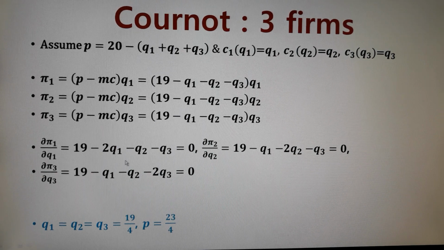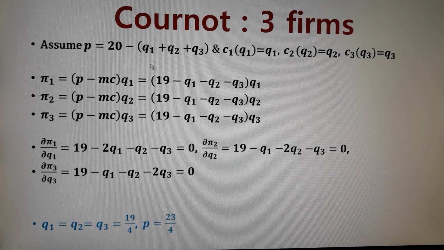The trick to finding Q1, Q2, Q3 is that in the end, Q1 equals Q2 equals Q3 if you rearrange it. So 19 minus Q1 minus Q2 minus Q3 is the same as 19 minus 4Q1 equals 0, 19 minus 4Q3 equals 0, and things like that. As a result, Q1, Q2, Q3 are all the same, 19 over 4.